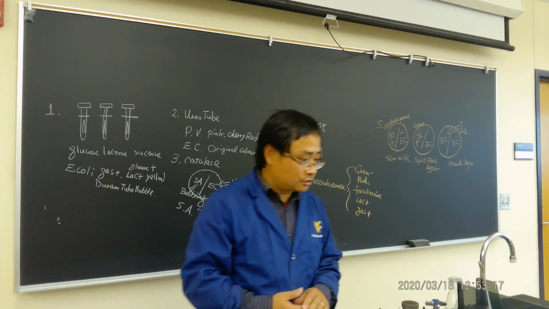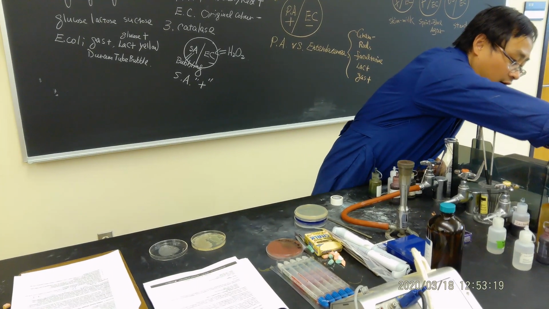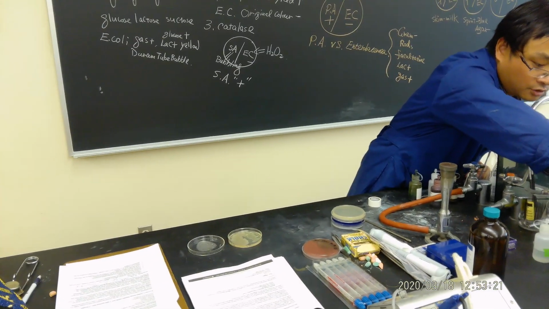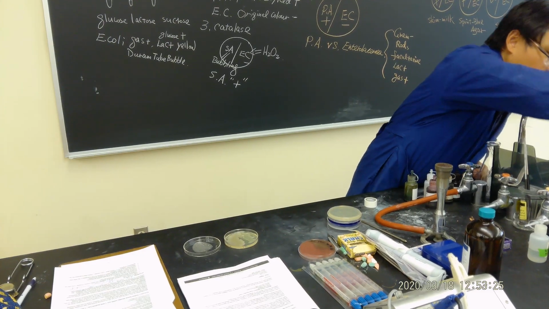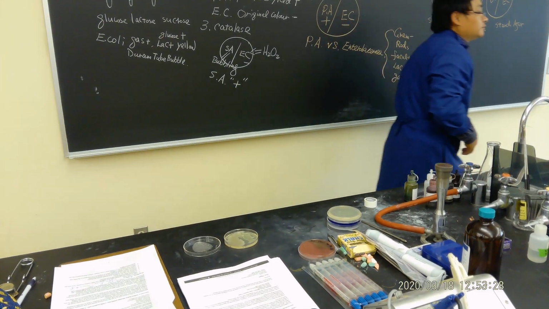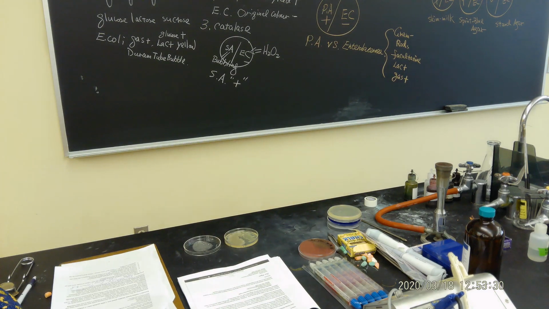So what are we going to do? We're going to add iodine. So I'll do it. You can do it yourself. I want a gram iodine. Where is the gram iodine? Some of the iodine is being used a lot, so I will find one.